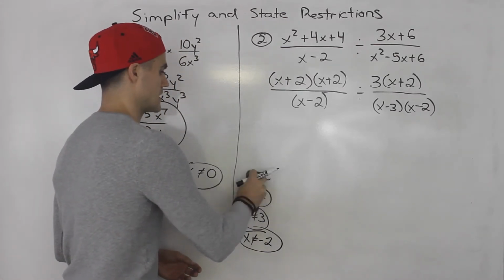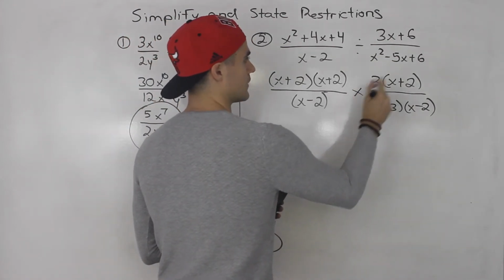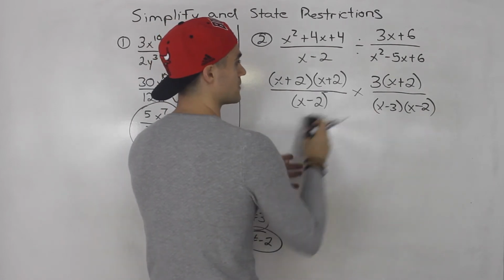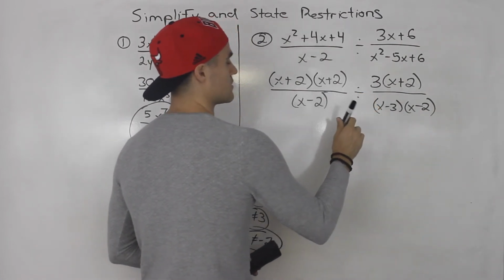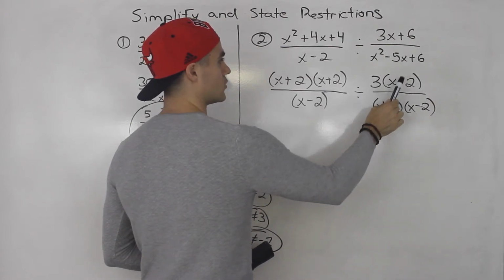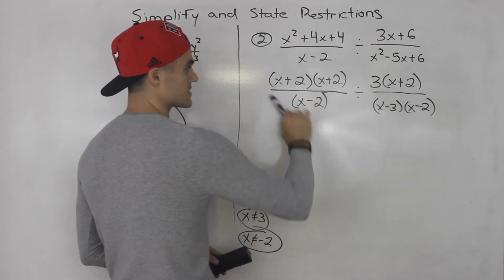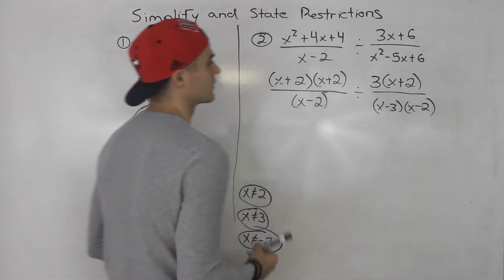If this was multiplying, then we wouldn't look at the x plus 2. We would just look at the denominators. But because we're dividing, you've got to look at the numerator of the expression you're dividing by, the second one.